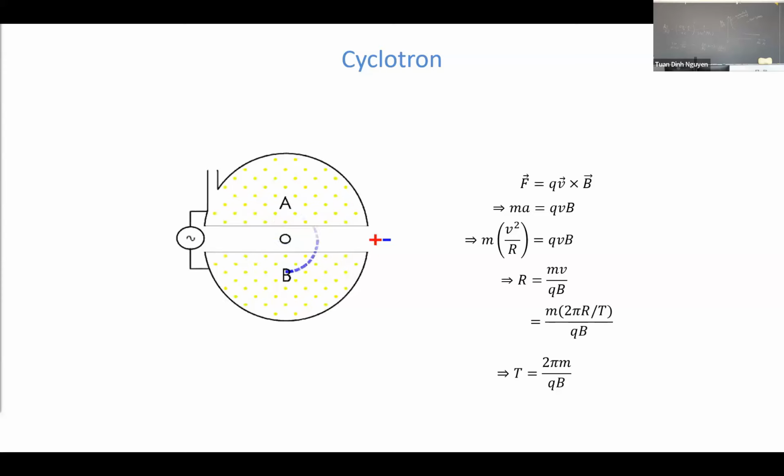So what does that mean? That means the frequency doesn't have to be changed. You can accelerate slow moving particles as well as fast moving ones. They just spiral out until you eject them. That's the beauty of the cyclotron: you don't have to do anything in terms of timing. They time themselves.